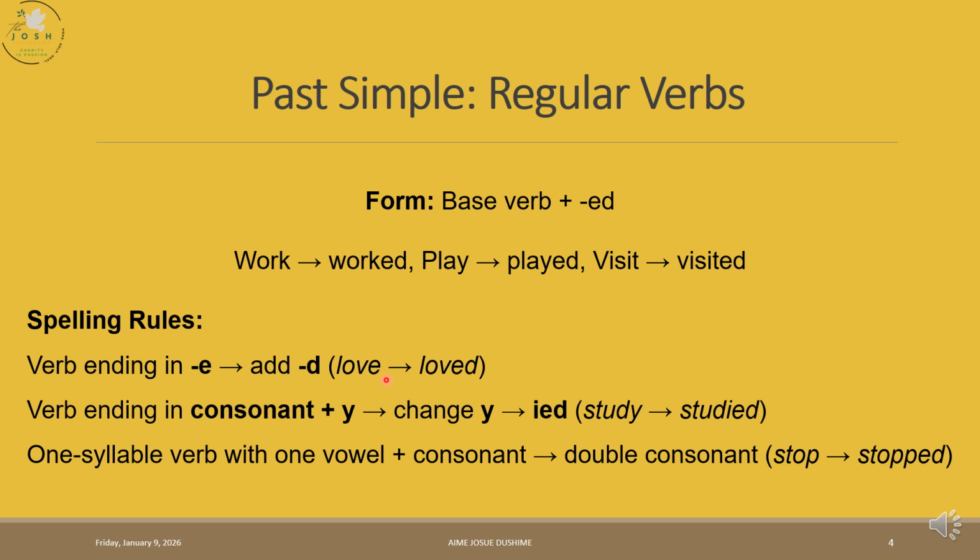Employ does not end in the letter E. When you say like, love, move, when they end in the letter E, we just add D only, to make it a past form, a V2. A V2 is the past form of a verb.